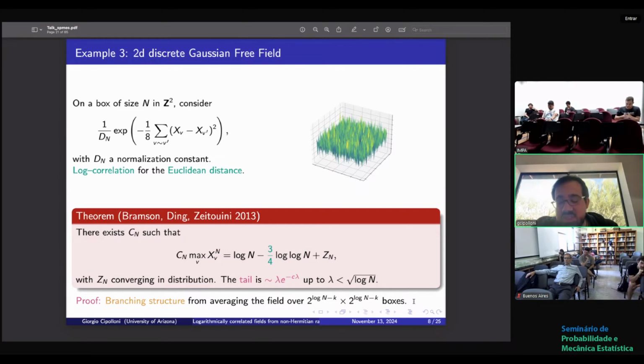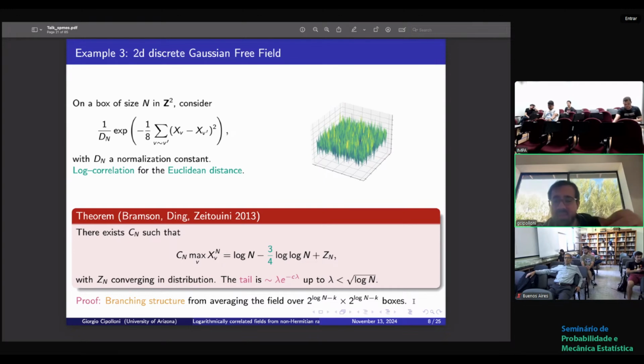And the branching comes from the fact that if you have a box, and two points V and V prime within the same box, then you can expect them to be correlated on that scale. And if one of them is outside, because of the Markov property of the Gaussian free field, the value inside the box is not sensitive to what happens outside.